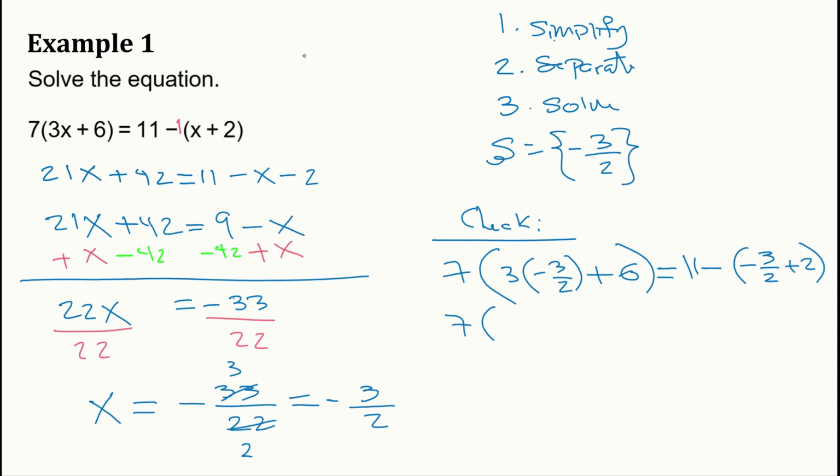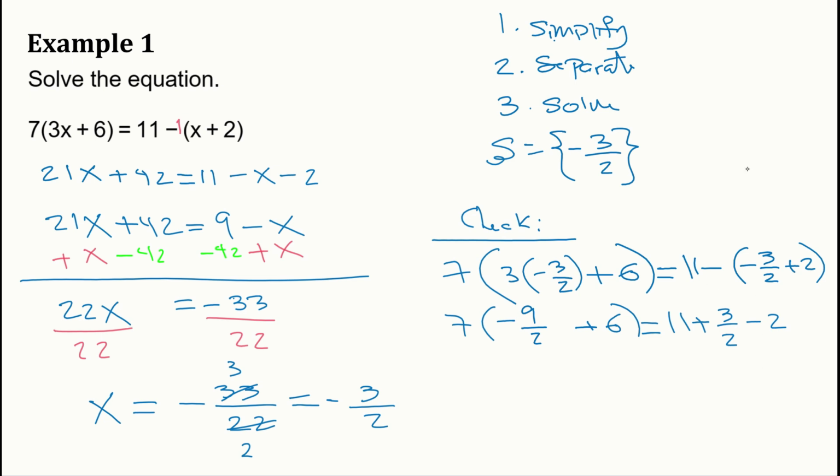So 7 times negative 9/2 plus, let me just use one set of parentheses here, plus 6 equals 11. Now this negative gets distributed, so we get plus 3/2 and then minus 2, because negative times positive will give us a negative here.